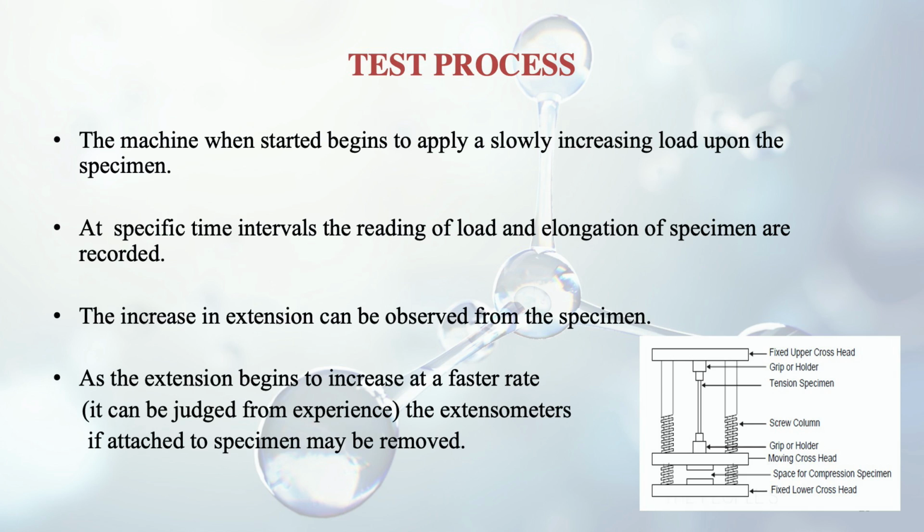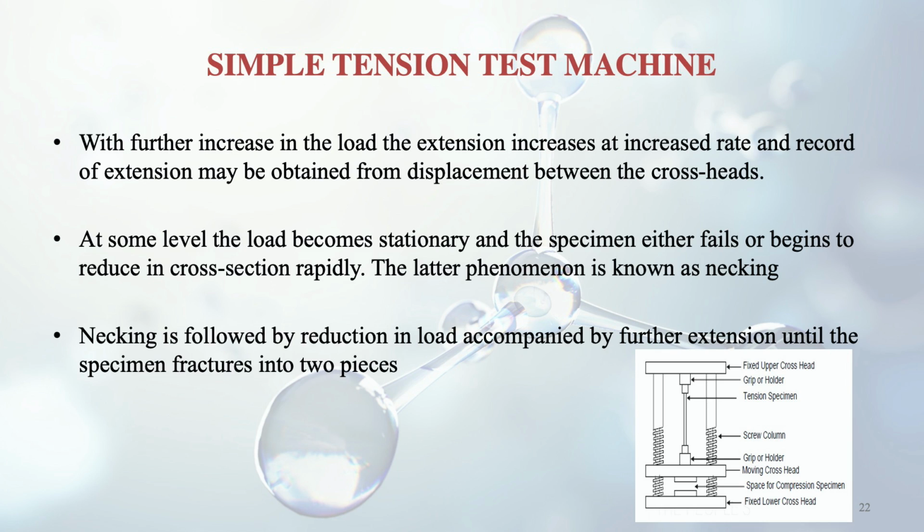Increase in tension can be observed through the bare eyes as well, but we also have the extensometer for measuring the strain. As the extension begins to increase at a faster rate, the extensometers, if attached, shall be removed. With further increase in the load, the extension increases at an increased rate, and a record of extension may be obtained from displacement between the crossheads.